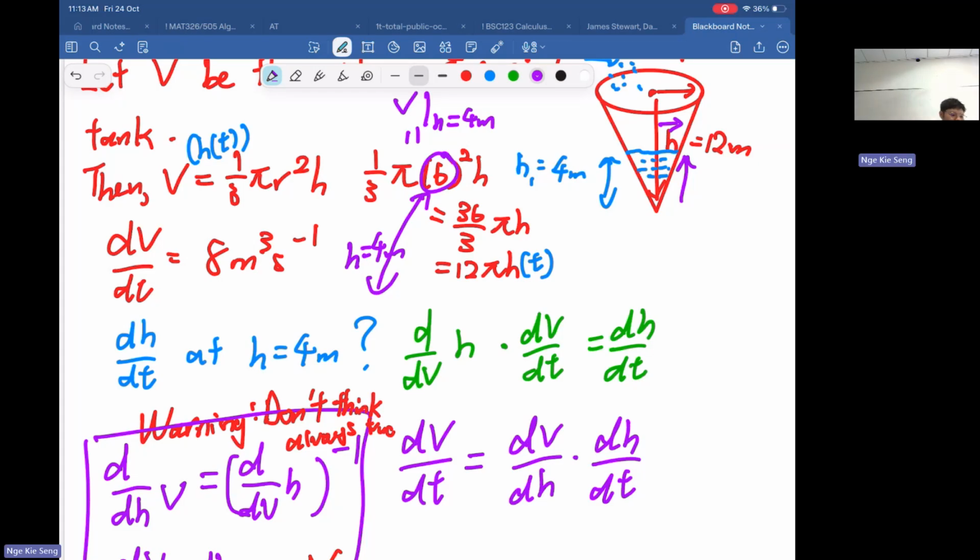Okay, but if you want to differentiate with respect to h, so what should you do here? There are 3 variables here.